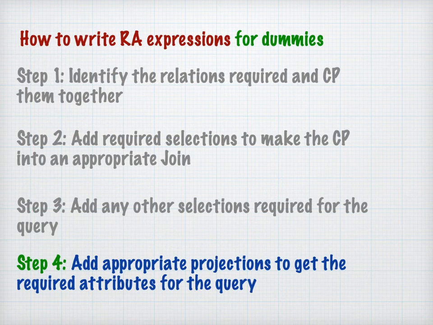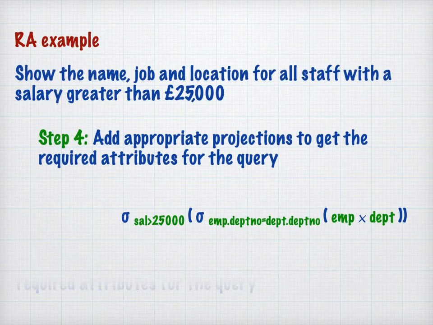And then step 4 says add appropriate projections to get the required attributes for this query. We've got particular rows, so which particular columns do we need? Again, let's go back to the original query and it says show the name, job and location. So we need to add on an appropriate projection to make that work, in other words, which particular columns we're interested in.